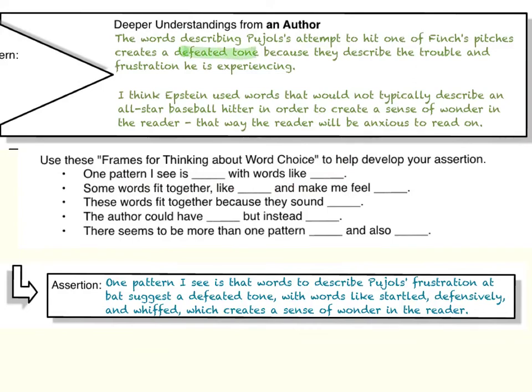The defeated tone, frustration. I also included that he was a hitter, and the idea that there was the creation of a sense of wonder. Make sure that you're including as many of the ideas that you have placed in your deeper understandings as possible.